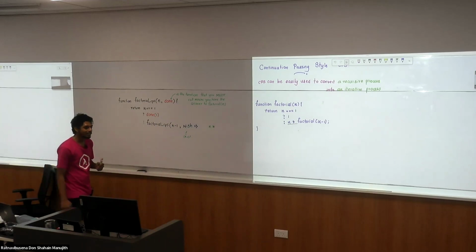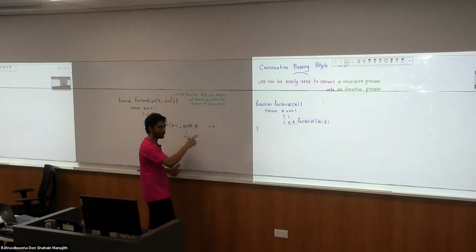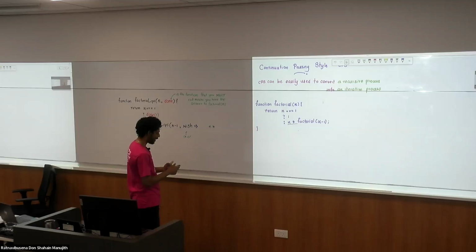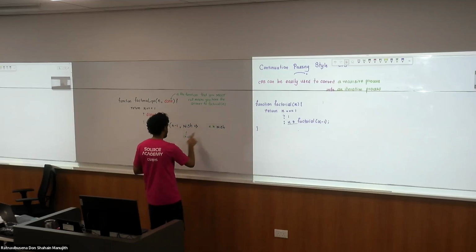Remember, we have the answer to n minus 1 factorial in wish. We want to calculate n factorial. So we need to multiply n by wish, not anything else, right? So we have n here, we have wish, and wish is n minus 1 factorial. So we have the answer to n factorial.